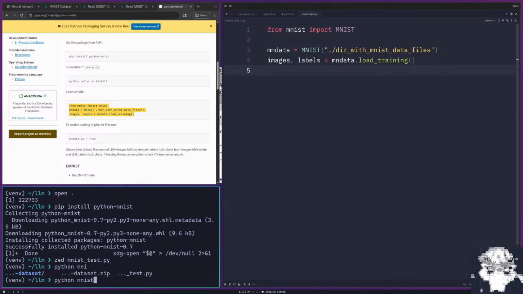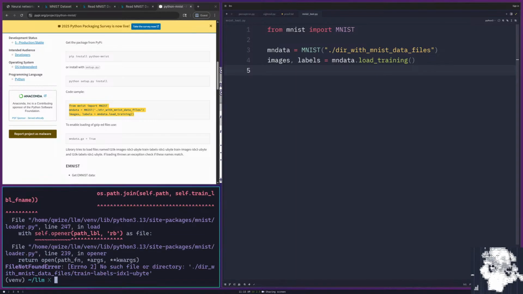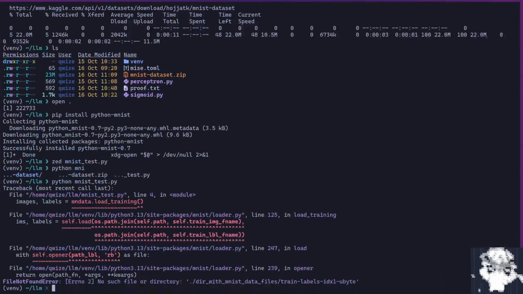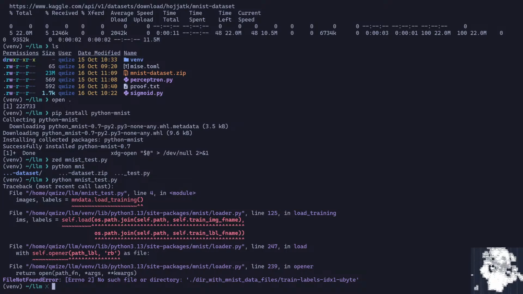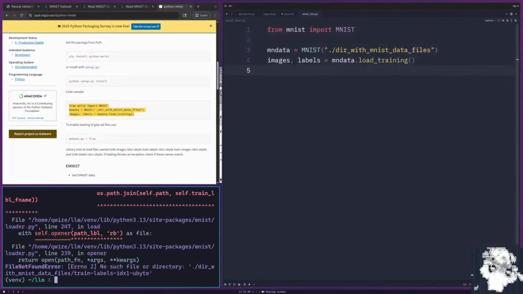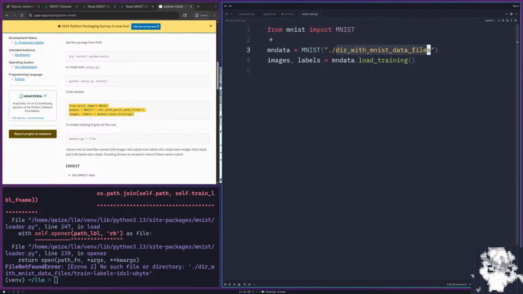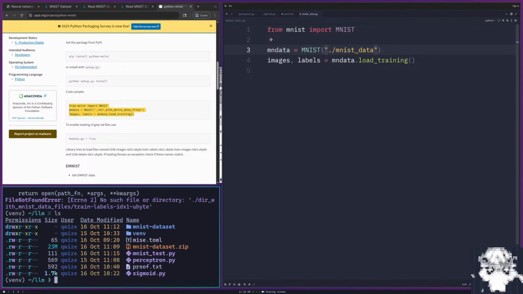Python MNIST test. I didn't give it the directory, obviously. This should be MNIST data. Is that what it's called? MNIST dash dataset.